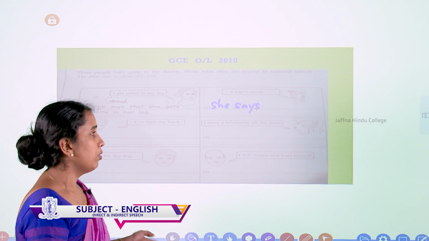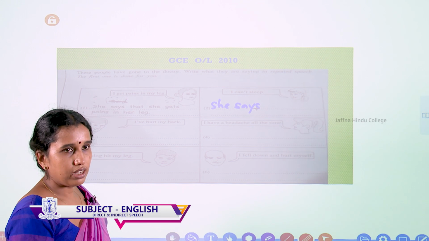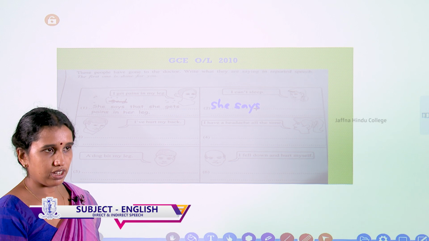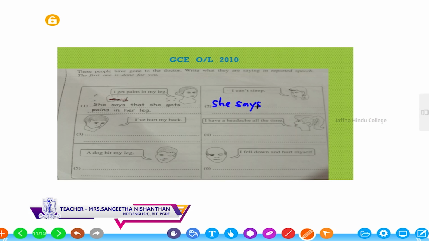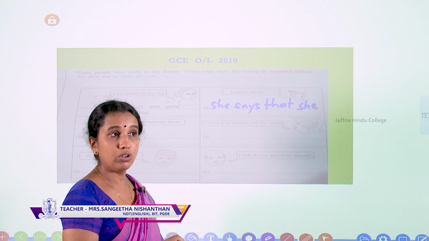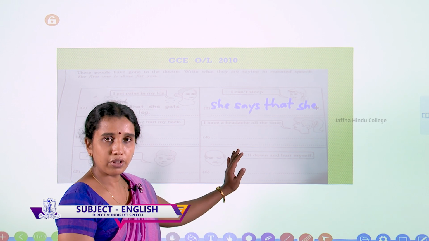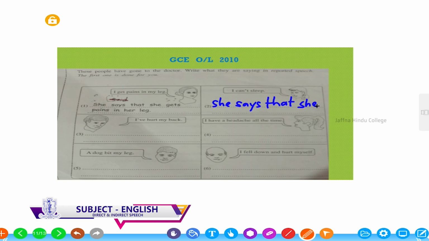So, says. Most of the students wrote said and changed the tense and they lost the marks that year in 2010. She says that the subject denotes her, so the subject pronoun is changed as she. Can't remains as can't. There is no change in the verb as the reporting verb is says.